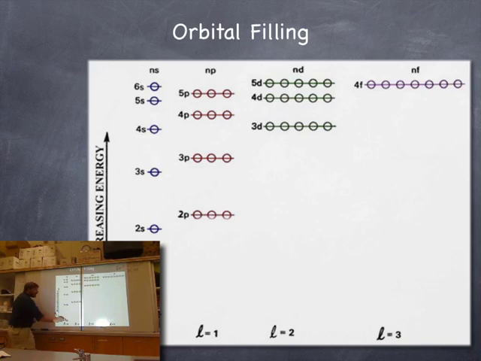But remember I said I could put 2 electrons, 1, 2, into that box? Each orbital can hold 2 electrons. Each electron has to have a different quantum number. They can't be exactly the same. That's where the m sub s value comes in. The m sub s is either going to be plus 1/2 or minus 1/2.